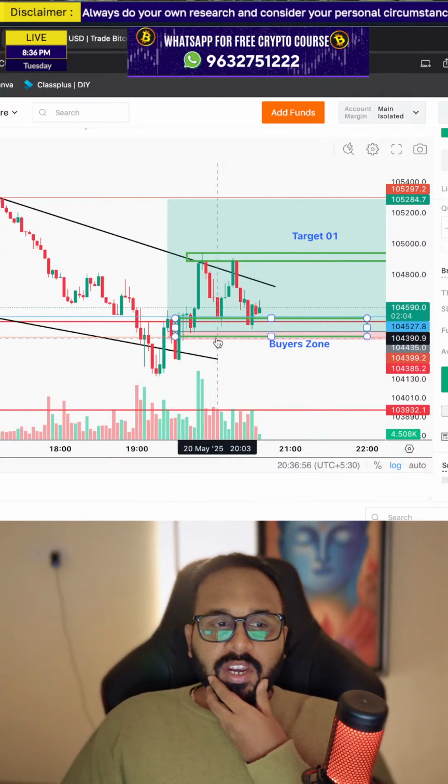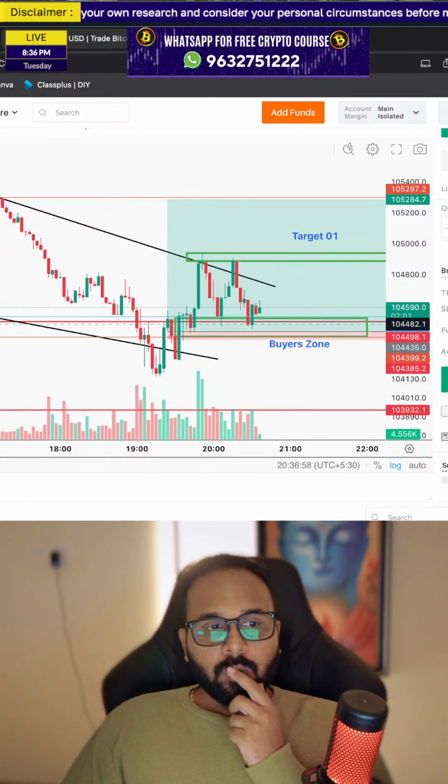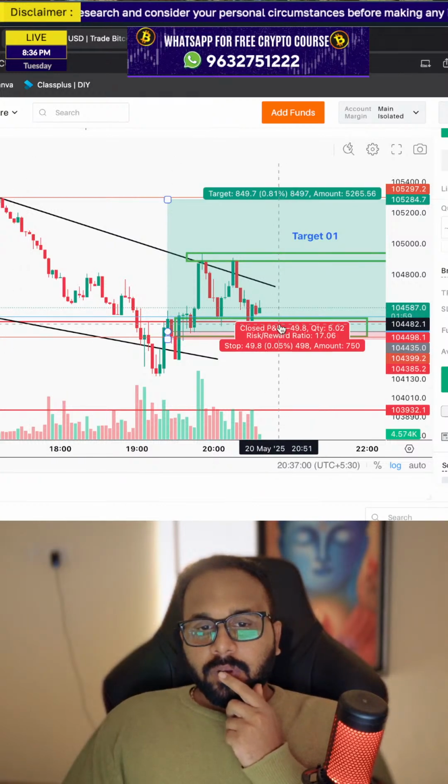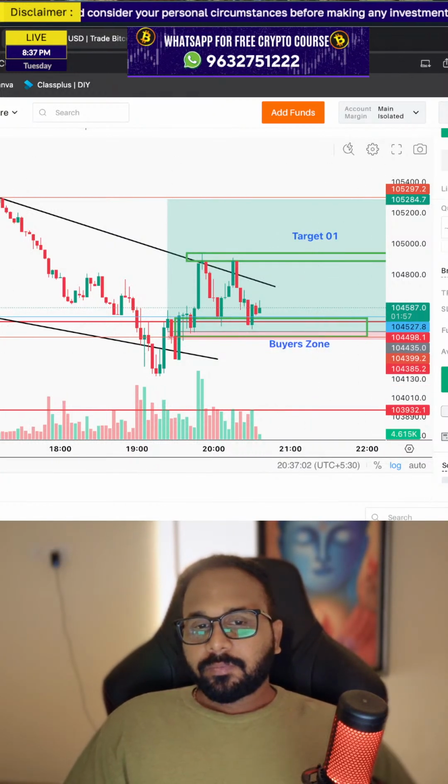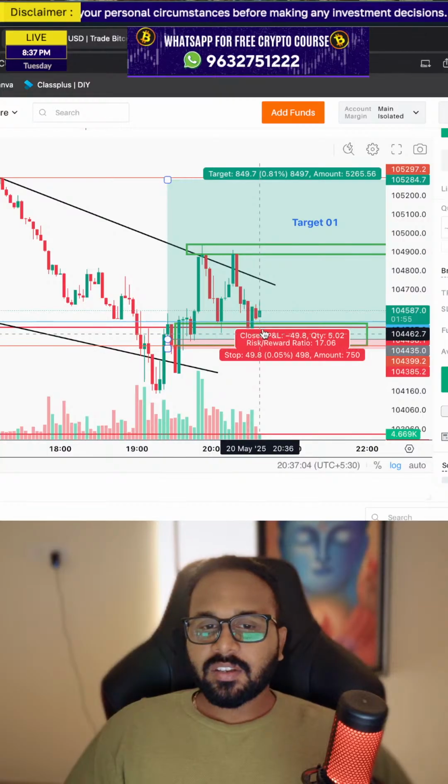I hope you have got clarity on why I added a little more positions here, because this is the buying pressure zone, and the risk is also very small.